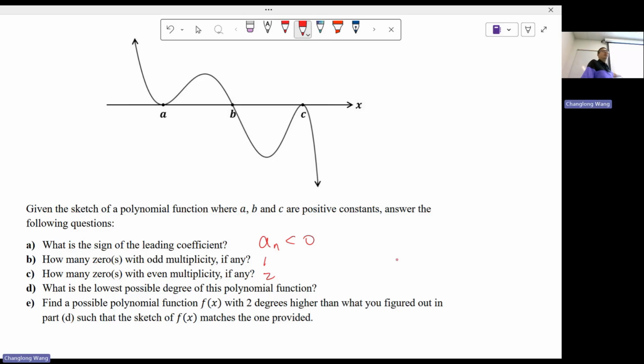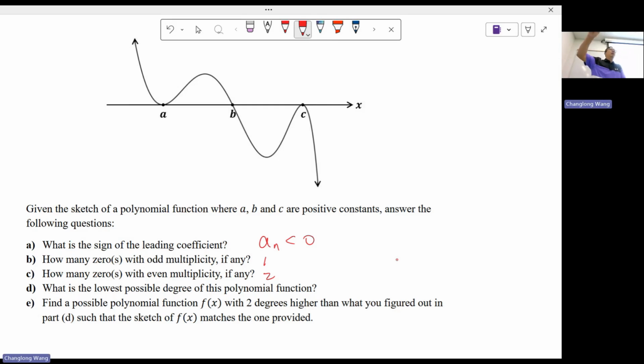What did we say? Anything about the degree of a polynomial and something about a graph? Emmanuel? The number of times the graph touches the x-axis, that's the number of zeros, right? What's the relation between the number of zeros and the degree?